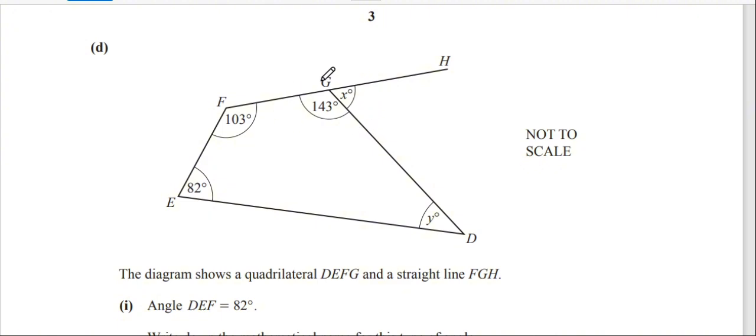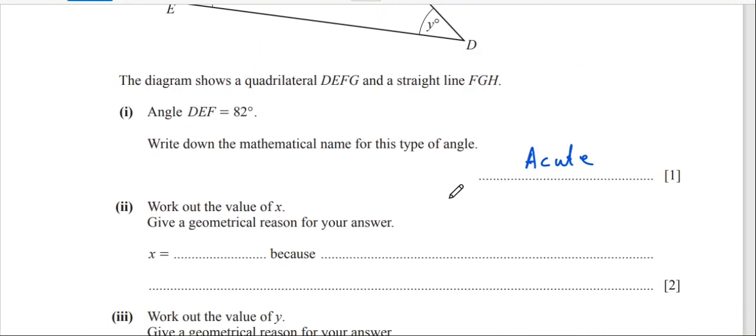So let's come back. Now, how do we solve for X here? You can see that FGH is a straight line. So it simply means that X plus 143 will give us 180. The reason is because the sum of angles on a straight line is equal to 180. So X is equal to 180 minus 143, which will give us 37 degrees. With that, we can come down here and write our answer 37.